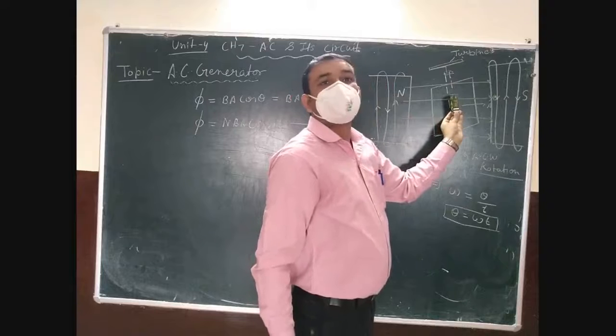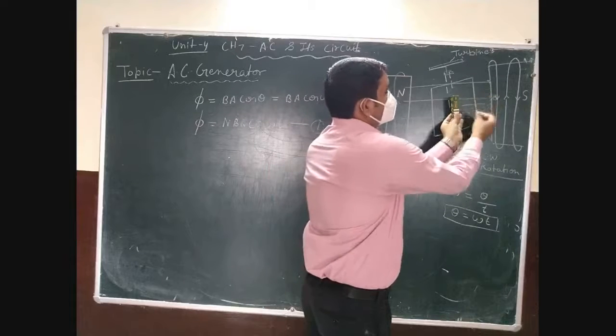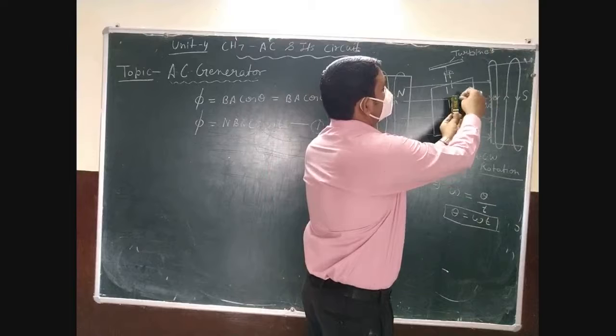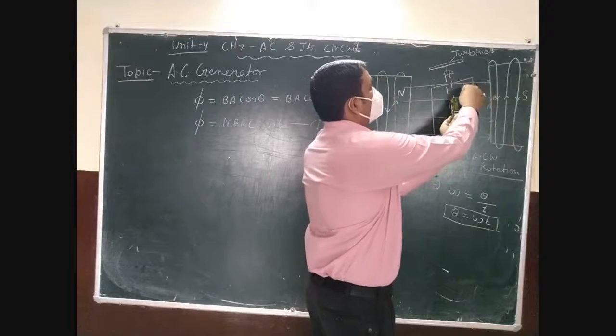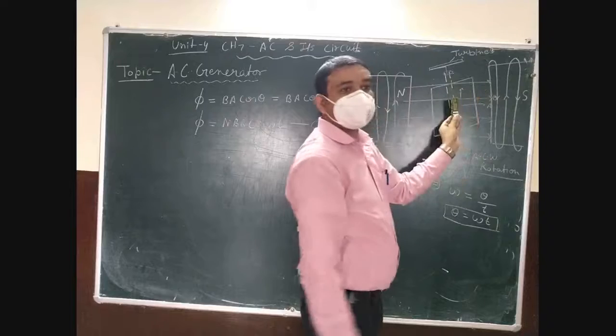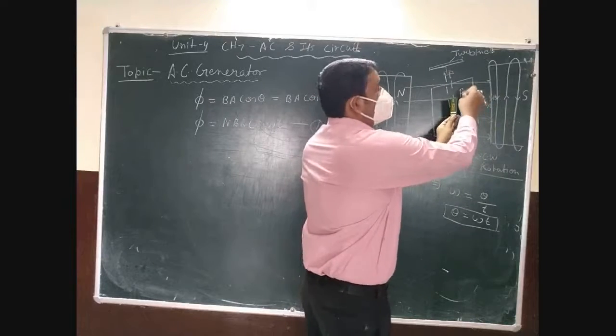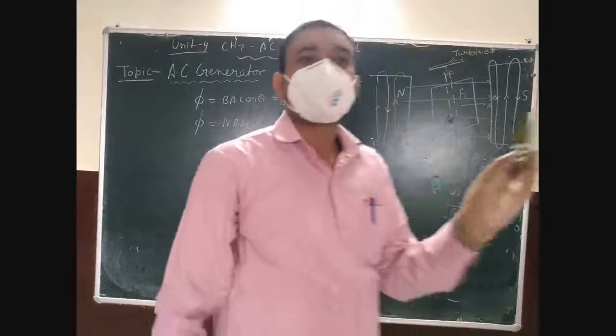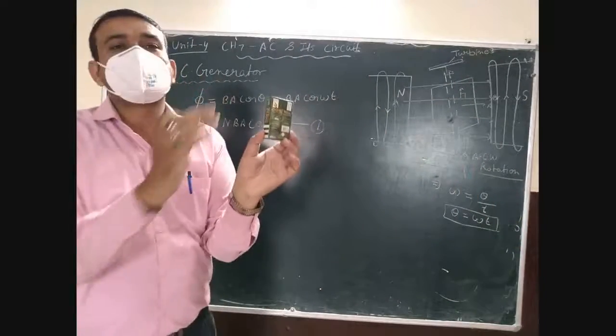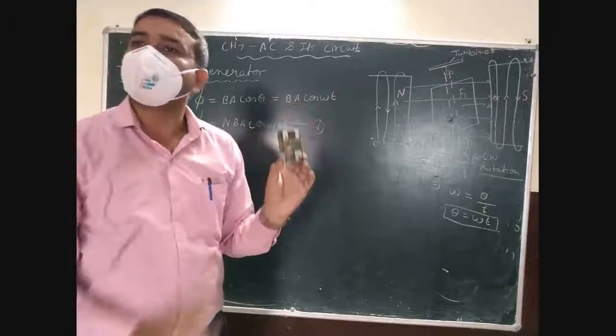As it moves, the magnetic field is this and the area vector is this line, so it will be at 90 degrees. Then we get the flux is 0, which means as the coil rotates, the flux changes from its 0 value to maximum value.